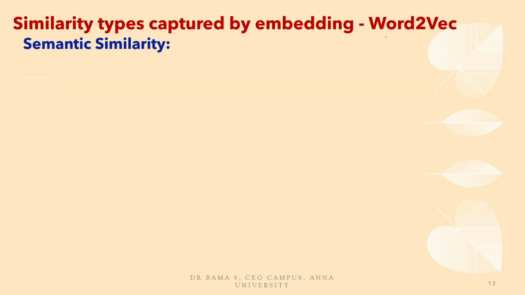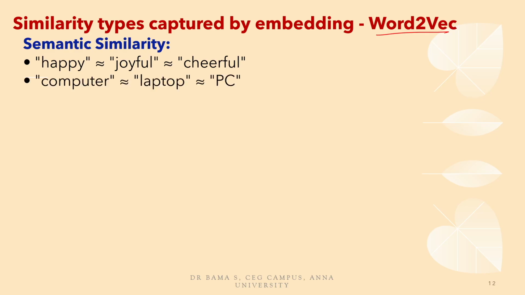One method to capture this is word2vec. It was given by Google, and it captures different types of similarity. It can capture both semantic as well as syntactic similarity. Examples of semantic similarity are happy, joyful, cheerful, which all can contribute towards one vector space. It can capture computer, laptop, PC, or doctor, physician, surgeon.